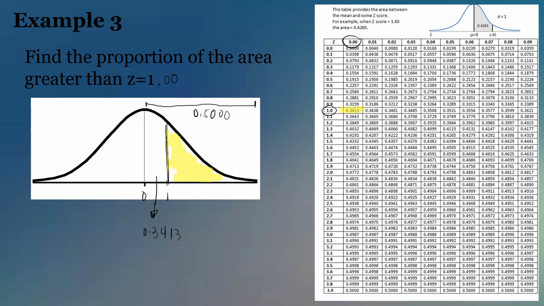Diba? So, ang gagawin, from 0.5 or yung kalahati, i-minus natin dito sa nakuha nating area from 0 to 1. Okay, so 0.5000 minus 0.3413, that is equal to 0.1587 or 15.87%.